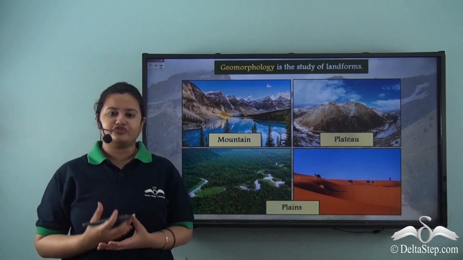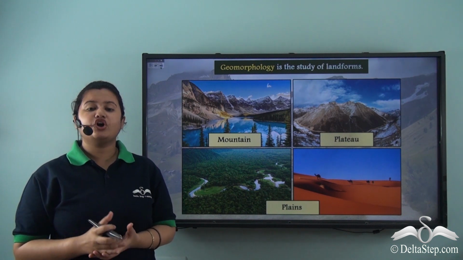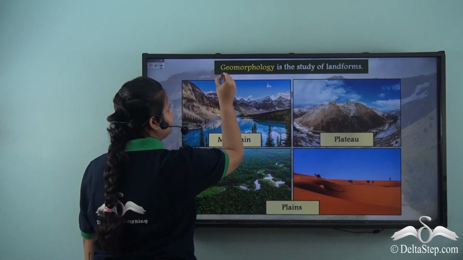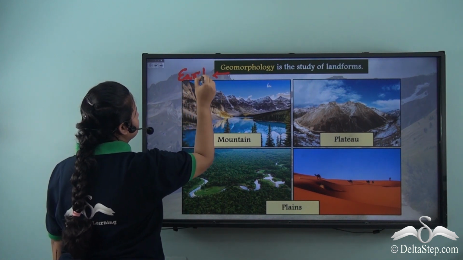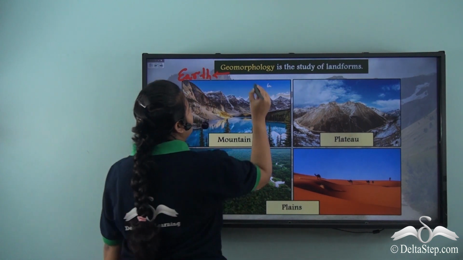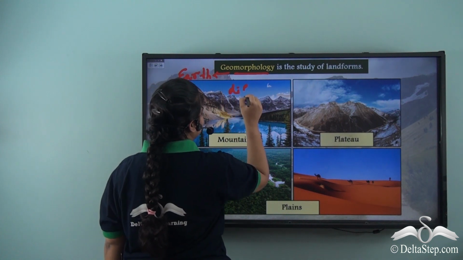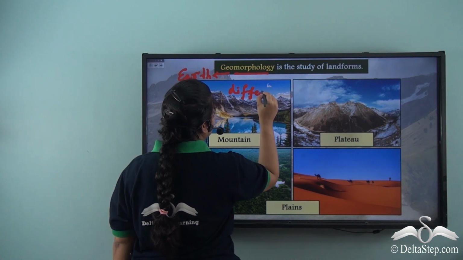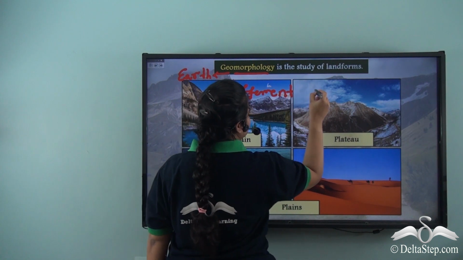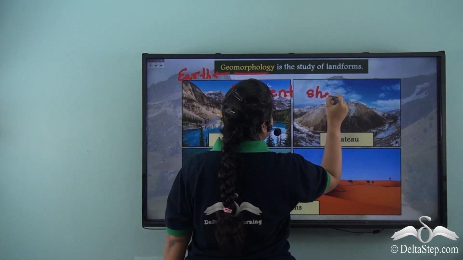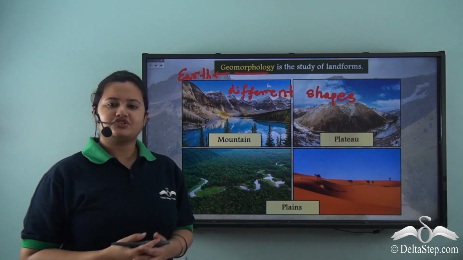Now, the branch of geography that deals with the different kinds of landforms is called geomorphology, where geo means earth and morphology is the study of different shapes or structures.